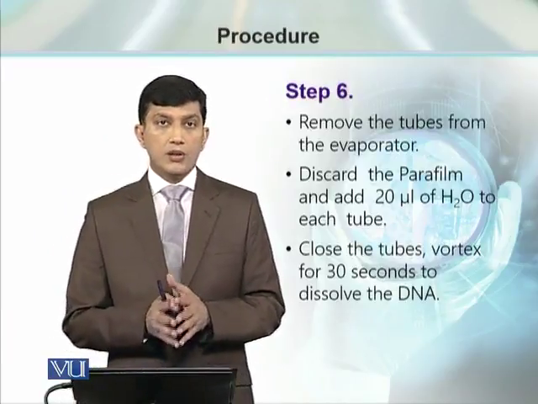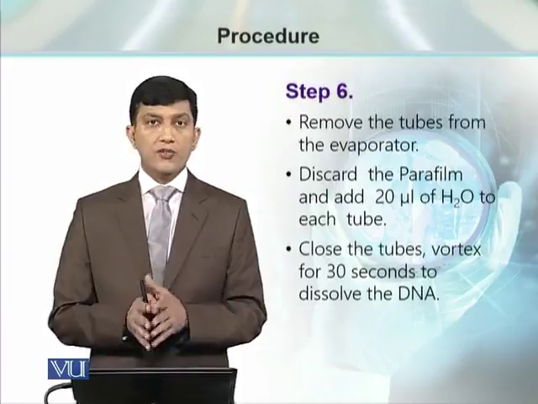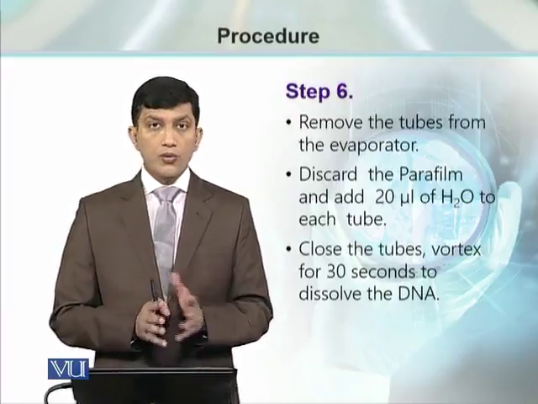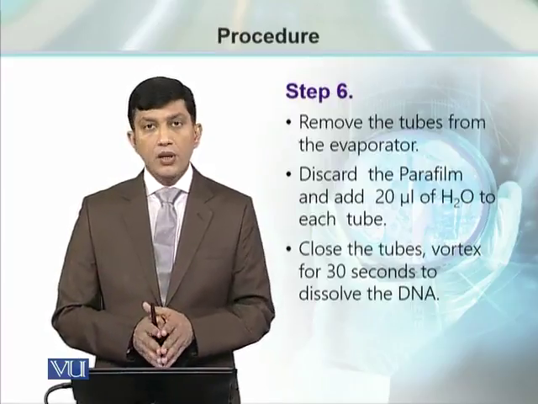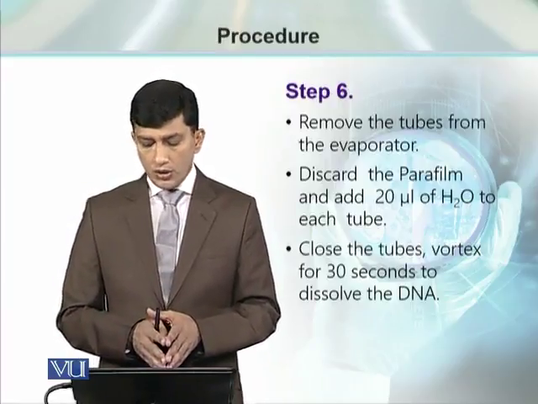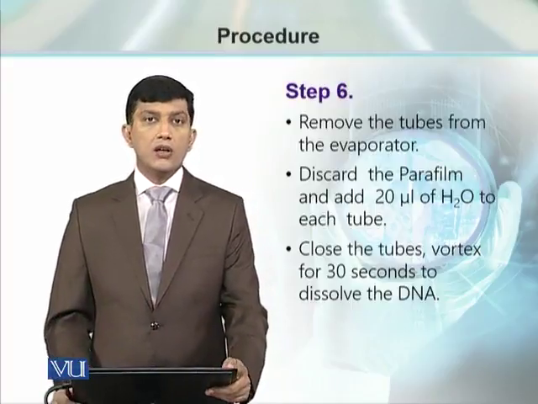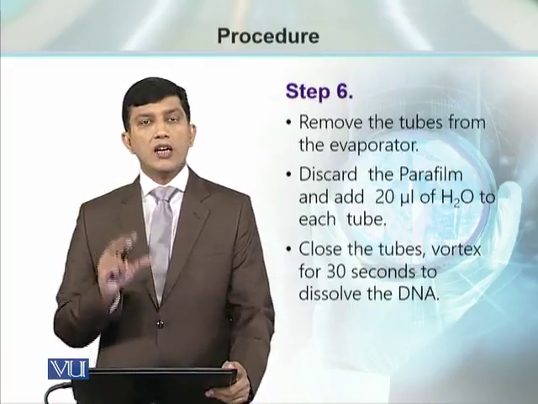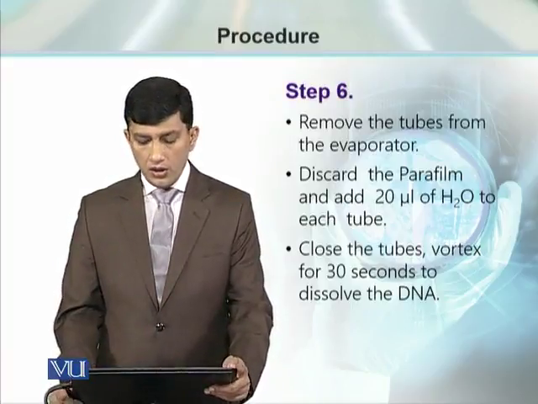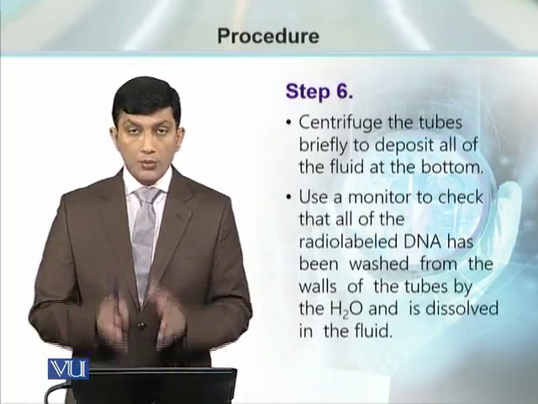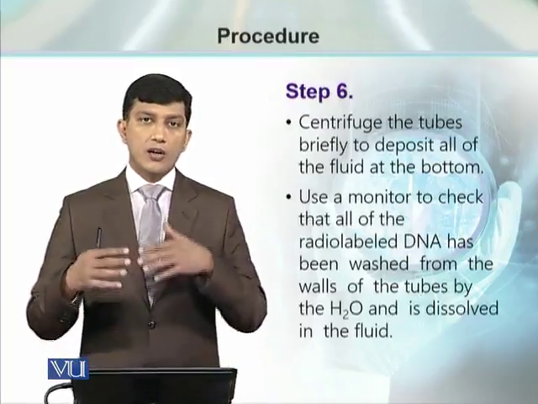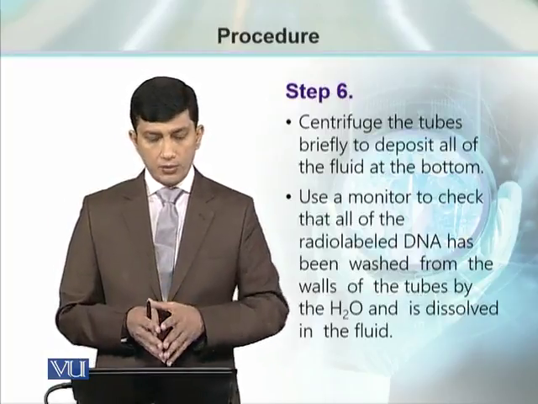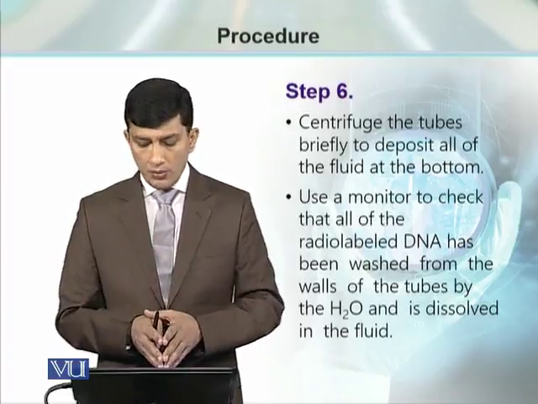After the tubes have been through the rotary evaporator, we remove the tubes and discard the parafilm. We add 20 microliter water and vortex mix the DNA for 30 seconds so that the DNA gets dissolved in that volume of water. At this stage, if we want, we can repeat this whole procedure once again so that we can get rid of the excess or the last traces of piperidine.